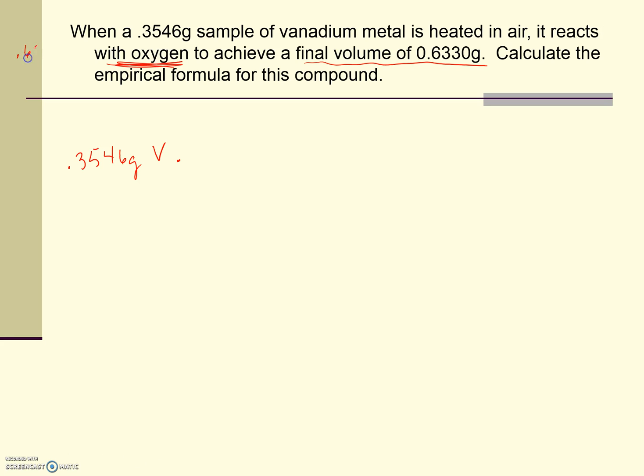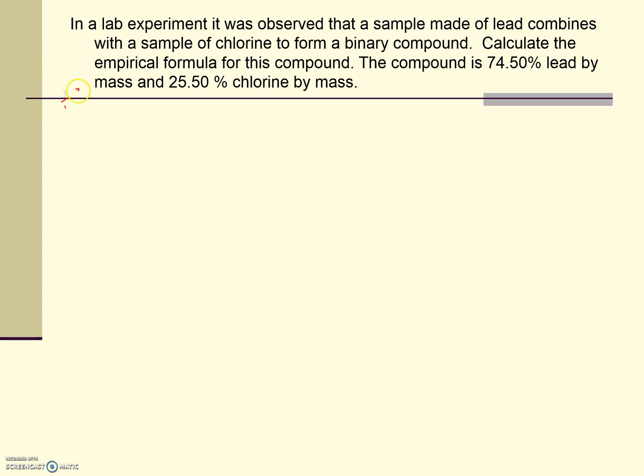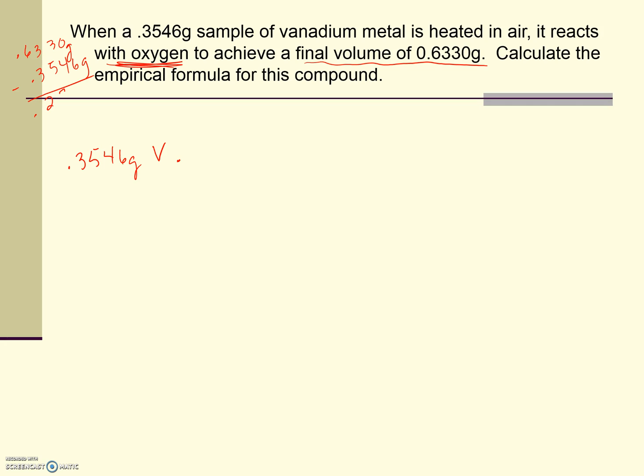I need to do 0.6330 grams minus 0.3546 grams. So I'm going to do the grams of my compound minus the grams of vanadium to get, I guess, 0.2784 grams of oxygen.